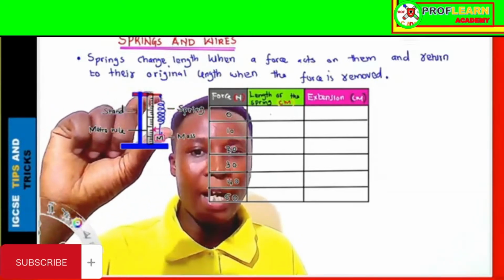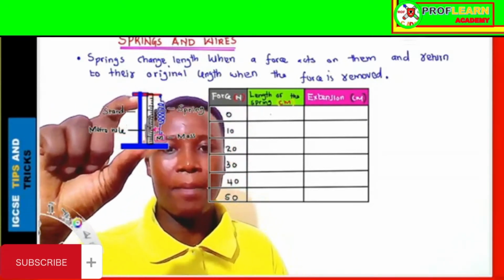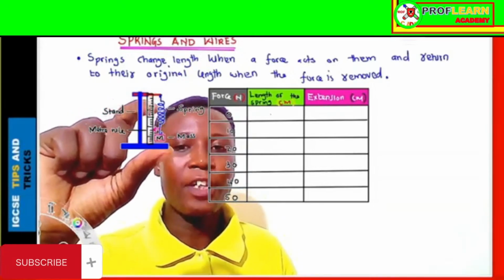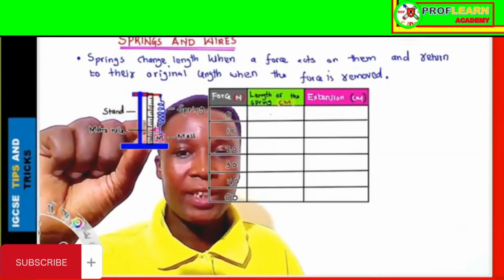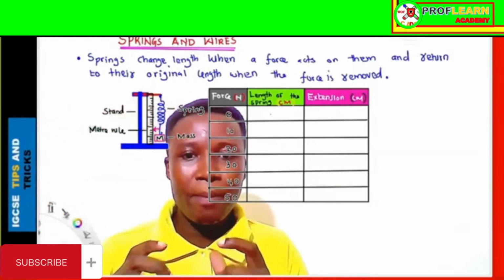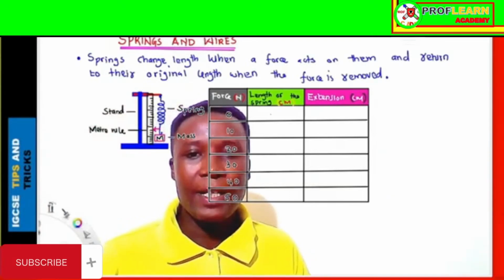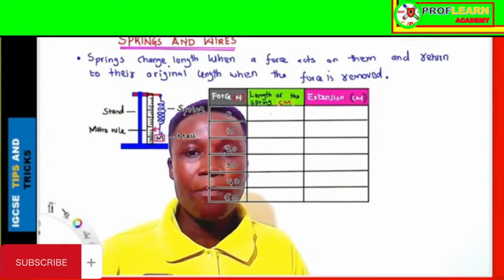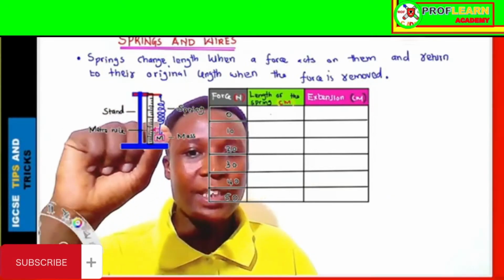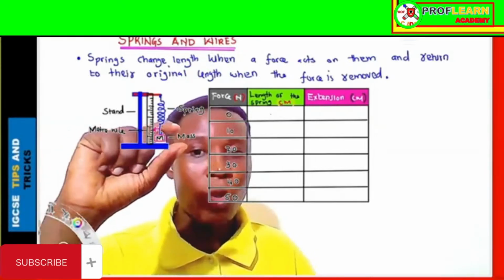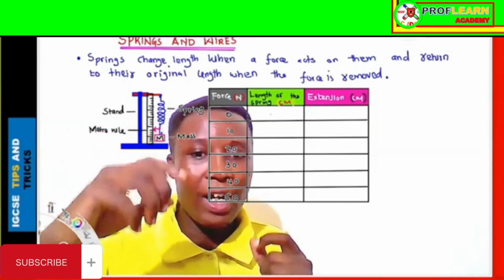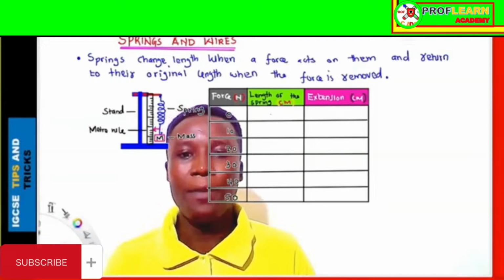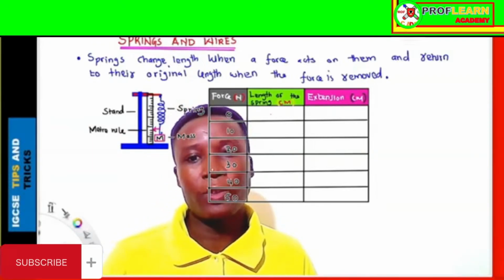So you add a force on the spring, maybe 10 Newton, then you check the pointer reading. You need to remember that before you add a force, the spring must already have some length. So before you start the experiment, you have to take a reading where you don't have any mass on the spring.